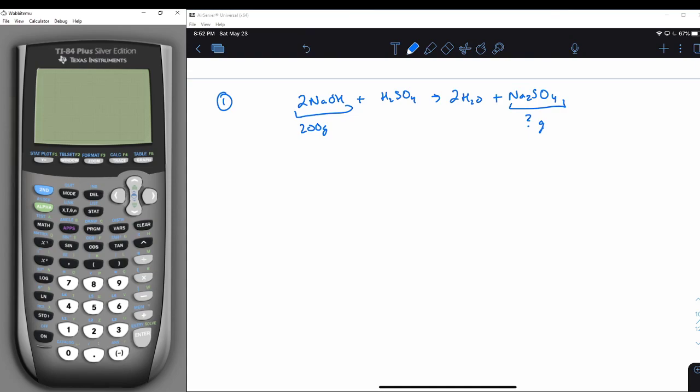They give you the word excess to make sure that you understand that it is not a limiting reactant problem. So this is in excess, so we don't care about this amount in our problem.